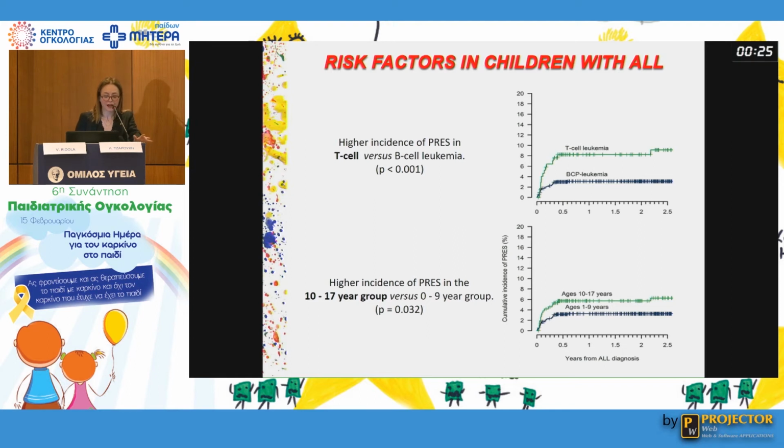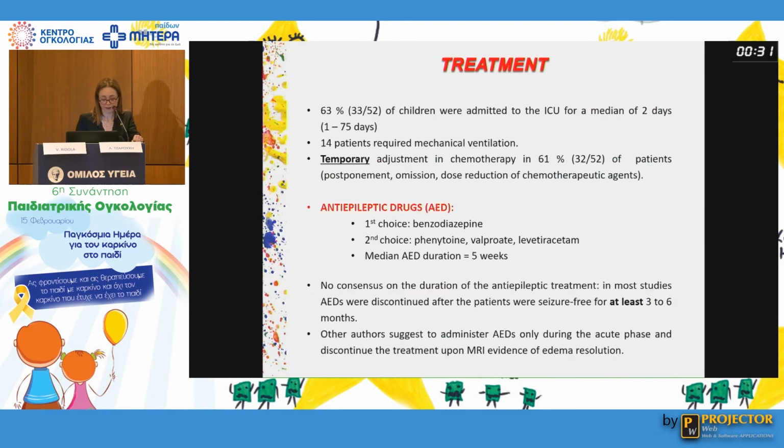Also, it seems that there is a higher incidence of PRES in older children compared to younger children. 63% of the children with PRES needed to be admitted to the ICU, and half of them required mechanical ventilation. Regarding chemotherapy, a temporary adjustment was adopted in 61% of the children, and it was generally either postponement of the treatment, omission, or dose reduction of chemotherapeutic agents.